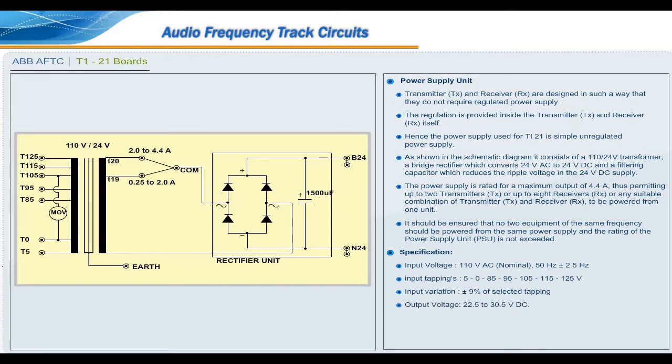Output voltage 22.5 to 30.5 volt DC. Output current 0.25 to 2 ampere, 2 to 4.4 ampere, depending upon the selected tapping. Output ripple maximum 2 volt peak at full load current.